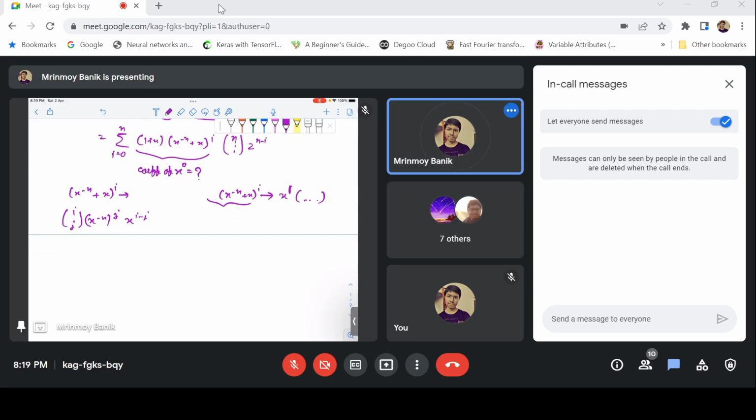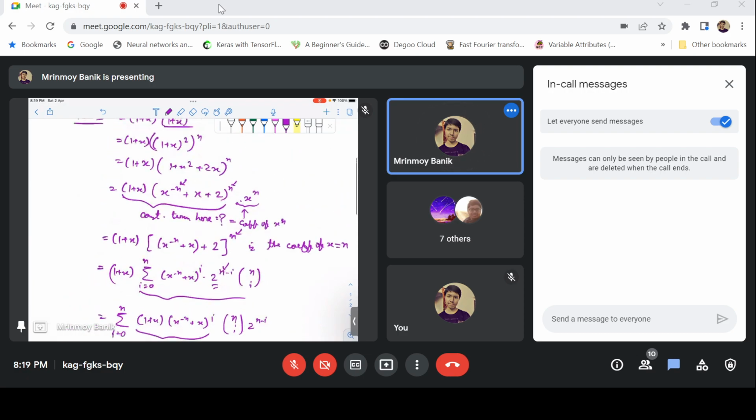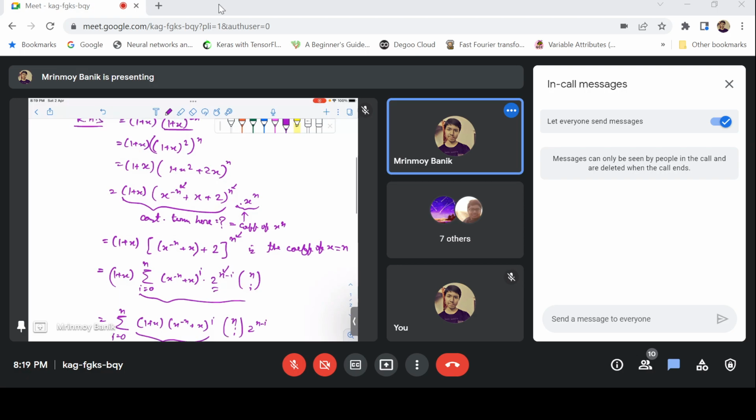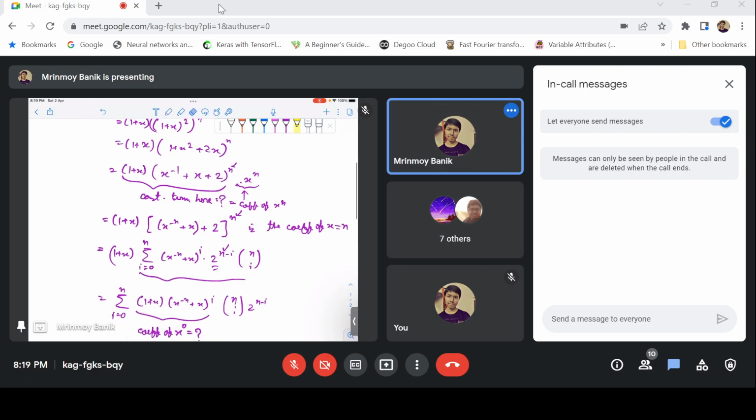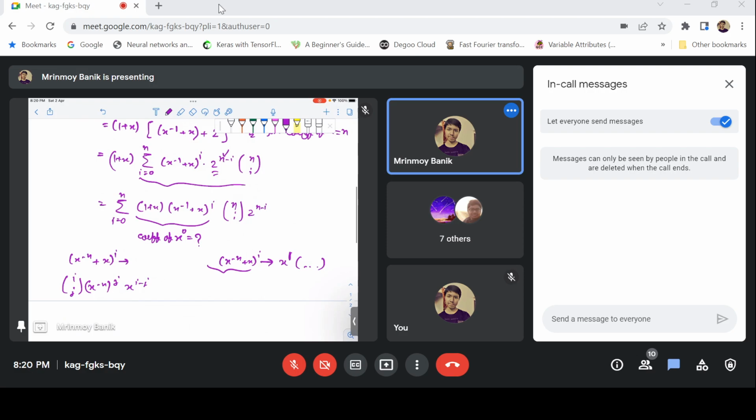Right. I guess I'm messing up something. Yeah, when I pulled out x from here, this shouldn't have been minus n, this should have been minus 1. Sorry, that's why I was wondering why n was coming up here.